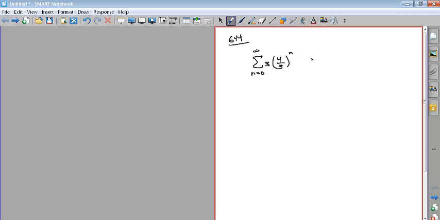There's 2 cases. There's the convergence criteria. If you look on your sheet of paper, it says for geometric series that if the absolute value of r is less than 1, it converges. And if the absolute value of r is greater than or equal to 1, then it diverges.